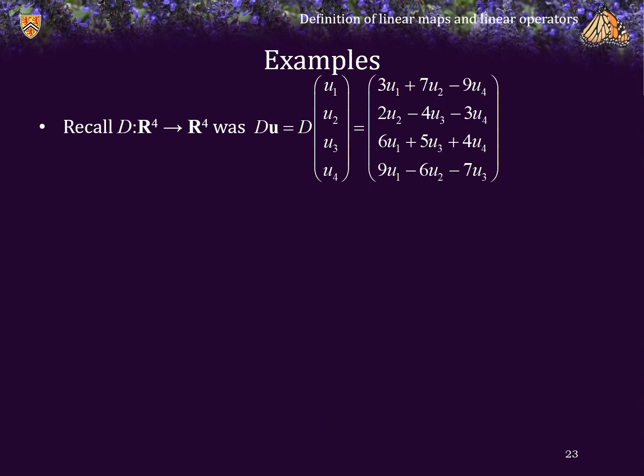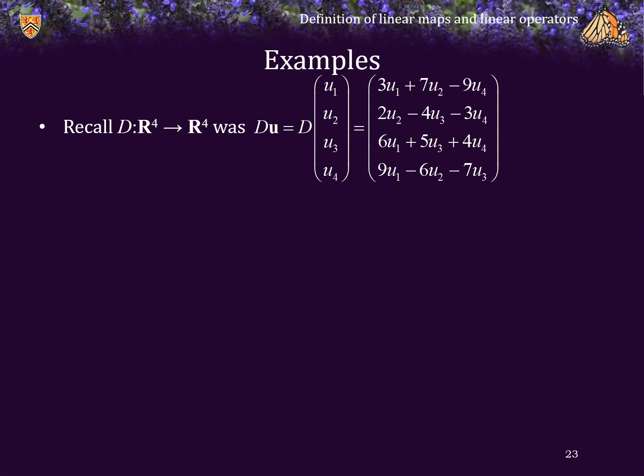The third and last linear map we just saw was the linear map D mapping R4 to R4. Now, D is a linear operator as the domain and the codomain are the same. You can call a linear operator a linear map as well.